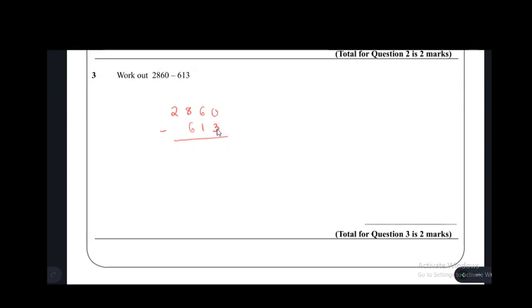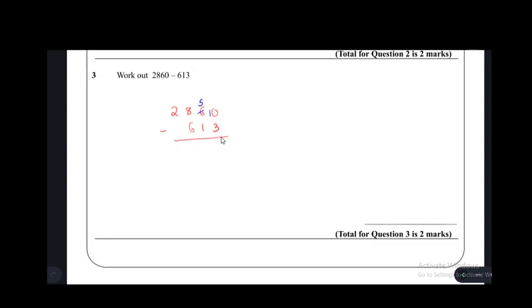Now 0 minus 3. 0 minus 3 is not possible, so I'm going to borrow from the tens. When I borrow 1 ten, I get to have 10 there on the ones place value, and I remain with 5 on this side. So I have to indicate that so that I don't forget.